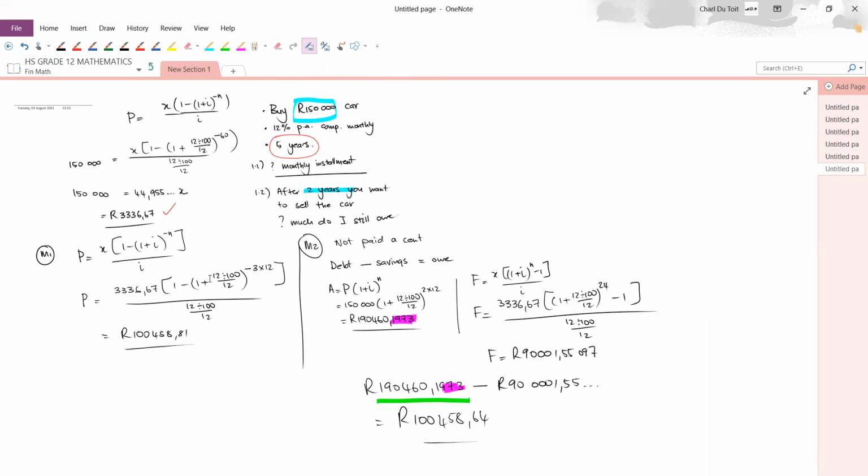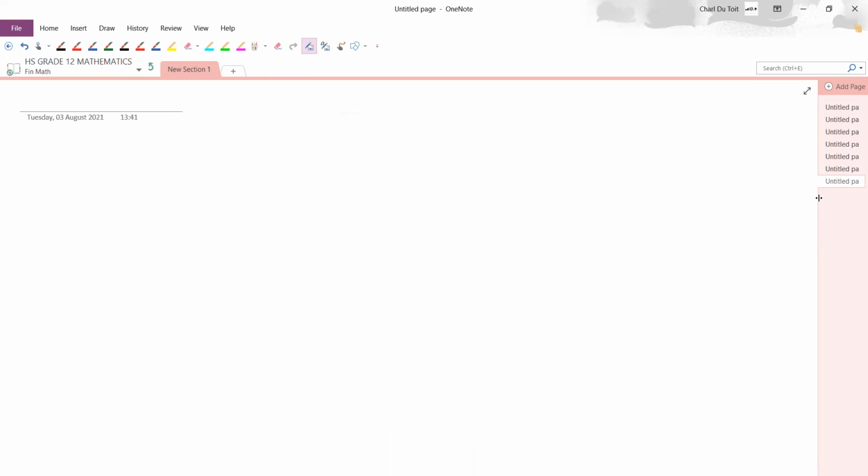Right, now we need to just find out, can we actually calculate n with one of these formulas? So let's assume that we're going to buy a laptop. And how much is that? 32,000 Rand. But we can't afford it. So we're going to do the following.